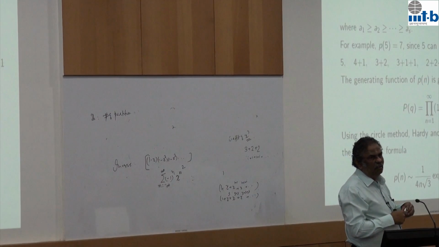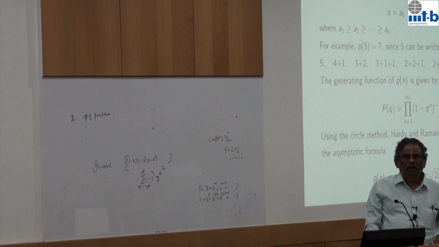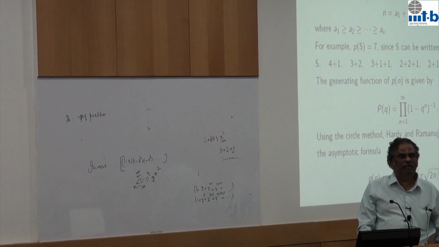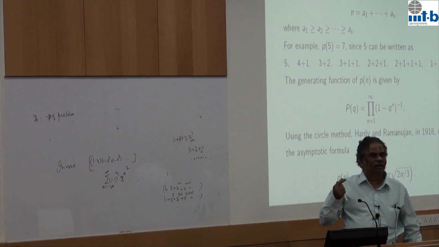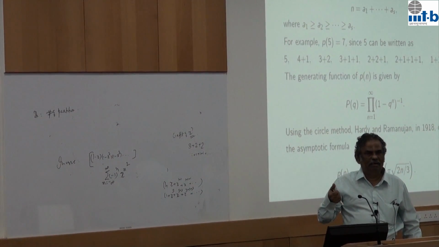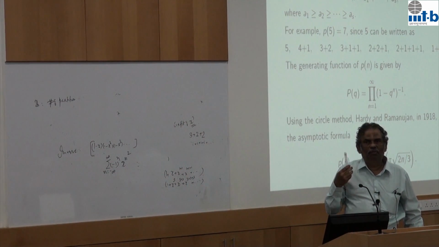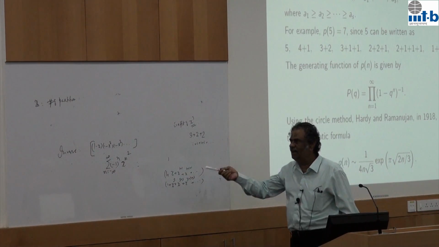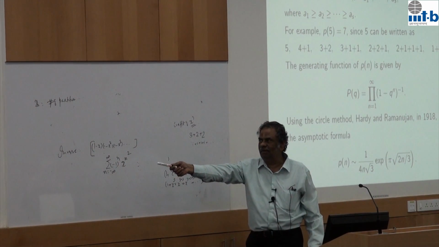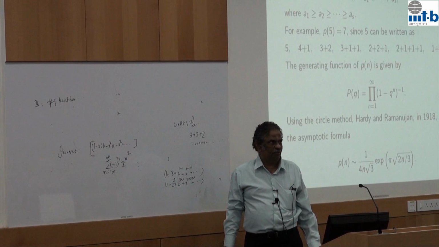He took the theta function, which is by definition the summation of minus 1 power n, x power n square, n equal to 1 to infinity, and then he says that you take this function which has coefficients 0 or 1 and take the inverse of that, and then what is the coefficient of x power n, and he proves that it grows exponentially, and that occurs in, I think, the formula number 1.14 or something like that in the very first letter of Ramanujan to Hardy. And then of course, Hardy wanted to know how he proved that result, and then Ramanujan explained how the development of the so-called circle method, using which they proved it.